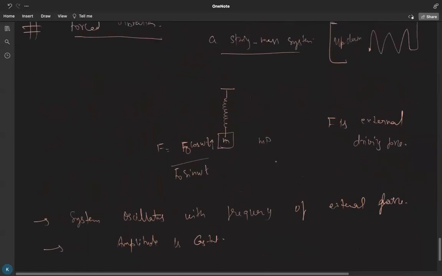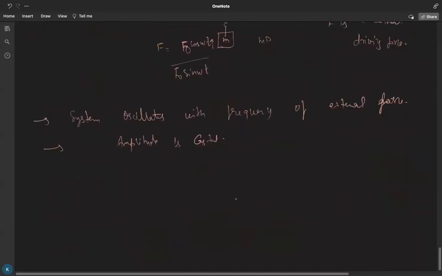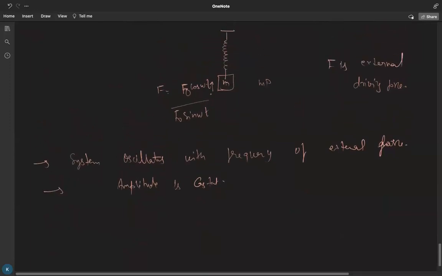But in this case, we have continuous action of the driving force, which is equal to F naught sine omega t, right? And here in this case, our amplitude is constant. So let me write the equation of the forced vibration here. Let us consider the damping also here, to make the problem interesting.